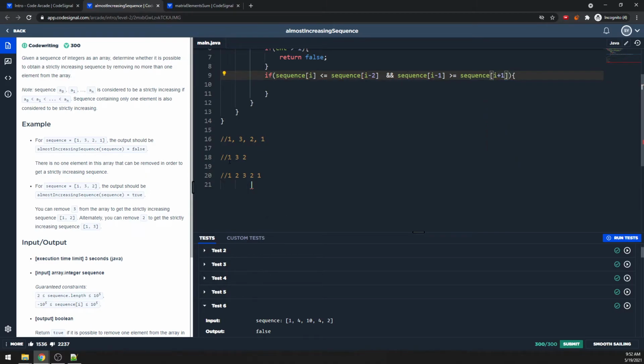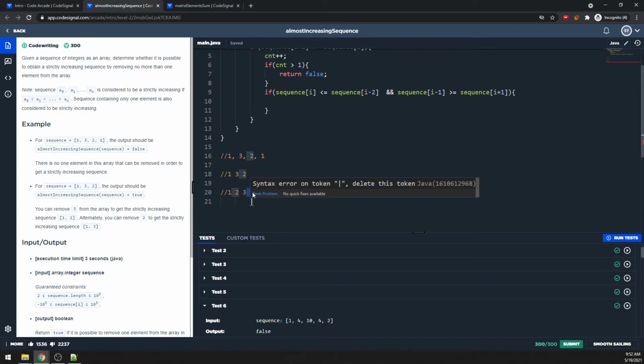So I plus 1, I minus 1, violate the constraint, right? So this shouldn't happen because it will discontinue at this index, and we can find out at this index.